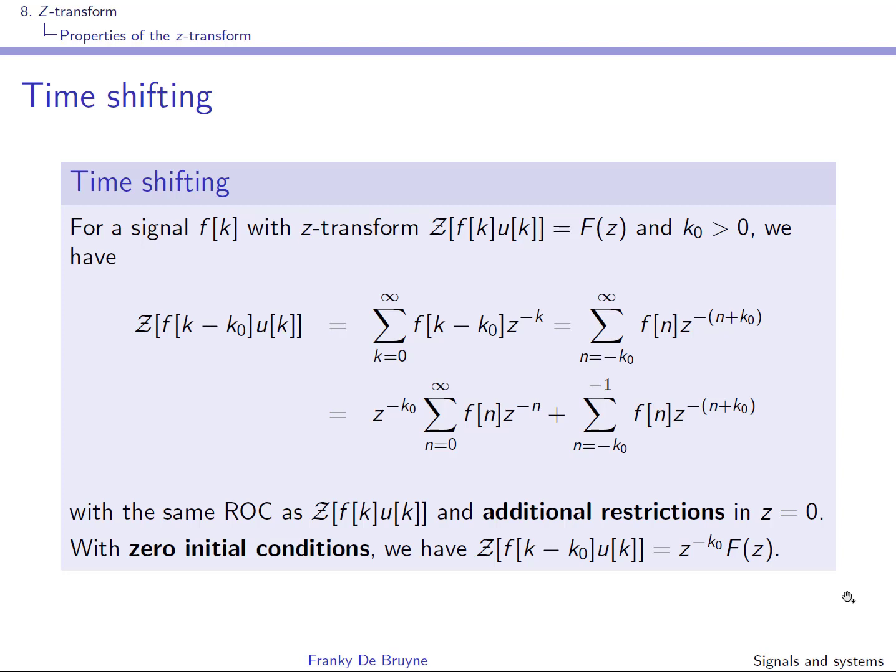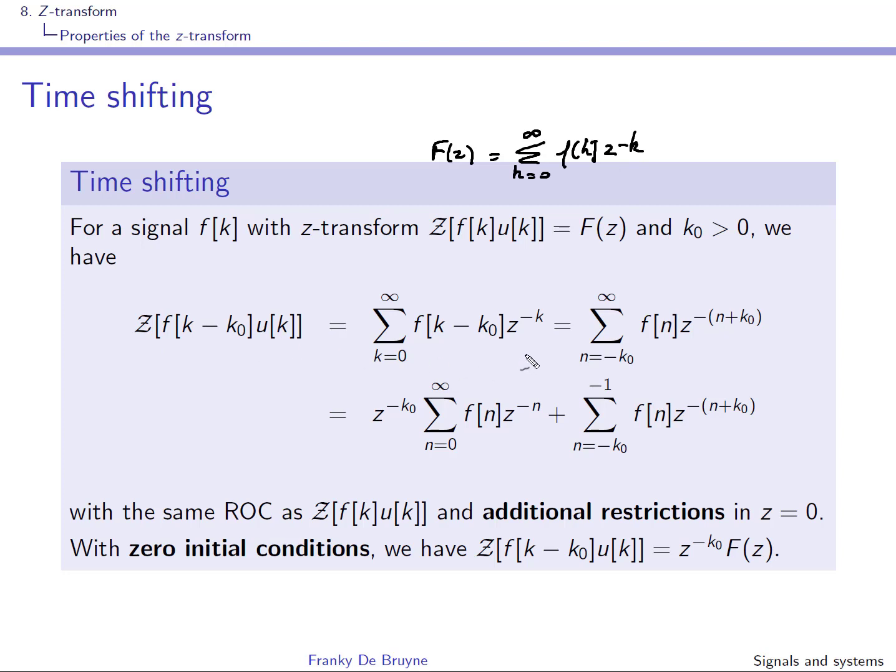Let us first consider shifting to the right. We have the Z transform of the original sequence. Remember that f of z here is a sum where k goes from 0 to infinity of f of k z minus k. So now we consider the Z transform of the shifted signal.